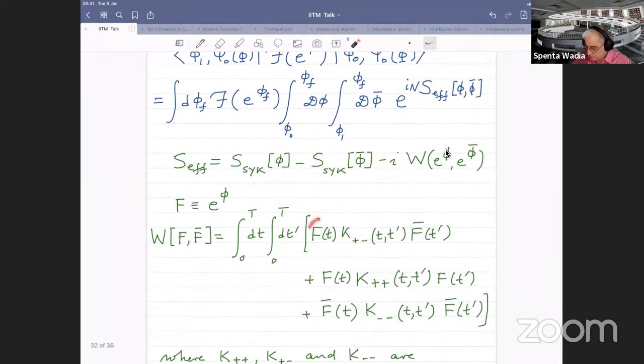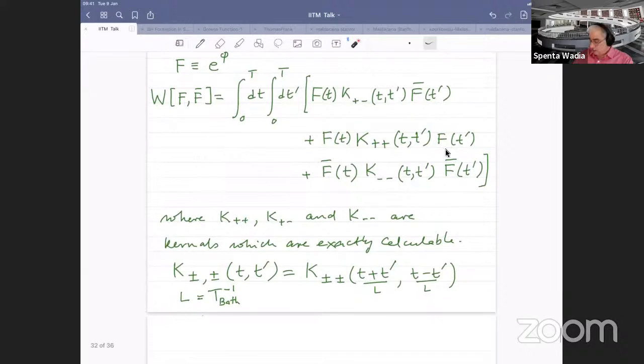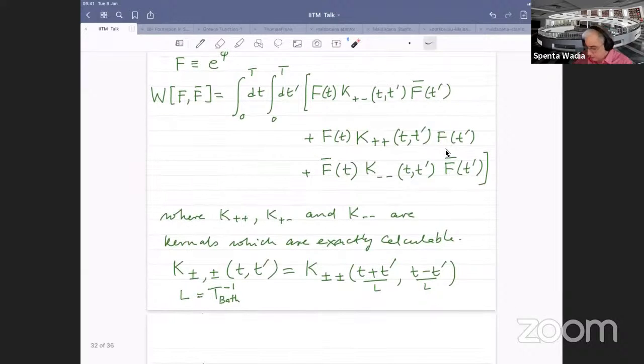This is the exponential of phi, this is the exponential of phi bar on the other contour, and so on. And so these are the different kernels which you get in the Keldysh formulation. The important property of this kernel is that it turns out to be something like this, which I believe will be important in solving this problem. It has this particular behavior, t plus t prime and t minus t prime.